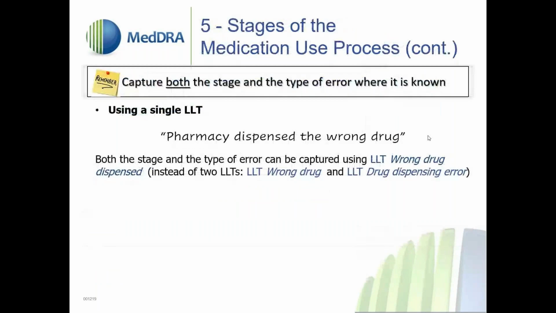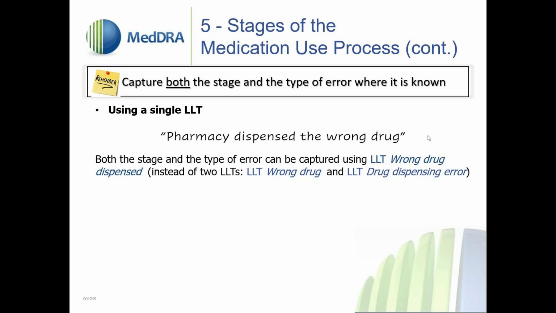When both the stage and the type of error are reported, you would look for a combination term in MedDRA and use a single LLT to capture the full information, when possible. As shown in the first example, when it is reported that the pharmacy dispensed the wrong drug, the LLT wrong drug dispensed would capture the full information.